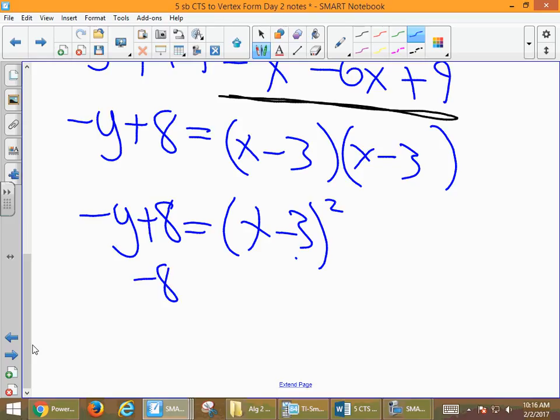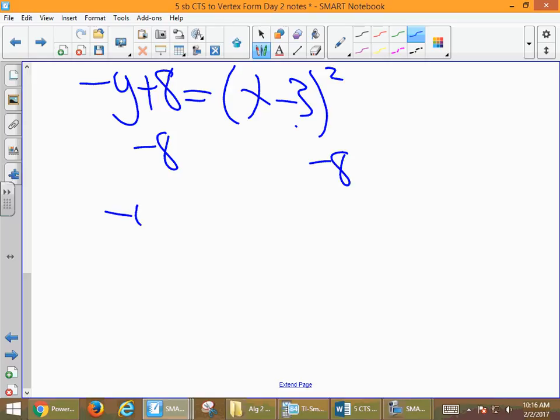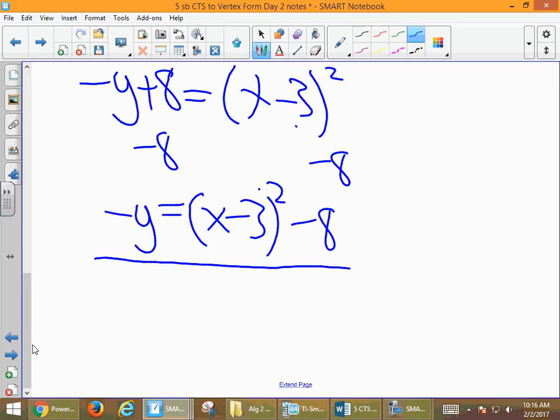So I'll subtract 8 to get 8 on the other side. And so we have negative y equals x minus 3 squared minus 8. And now, Oscar, what should we do? Divide. And so we're going to divide by what's in front of our y, which in this case is -1. So we're going to divide everything by -1 again.